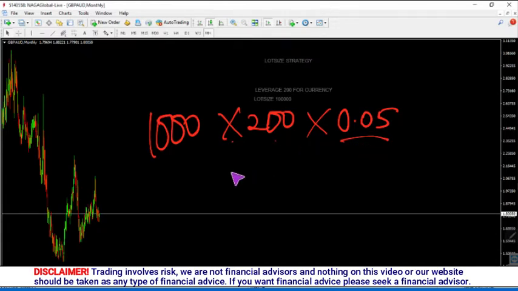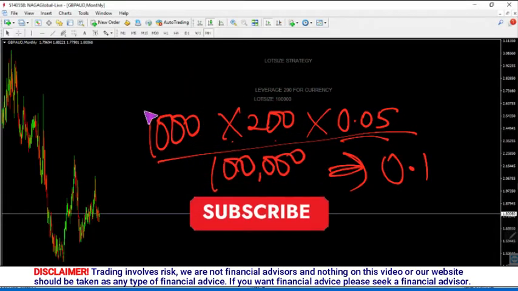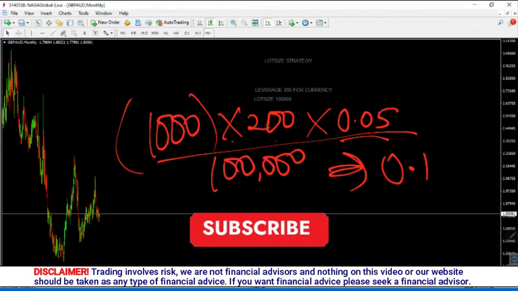You're going to divide this by 100,000, which is the standard lot. Now you're going to get 0.1 as your lot size to be used for this fresh account.